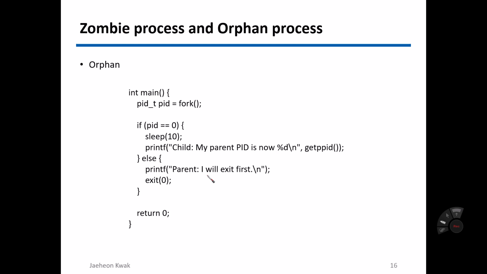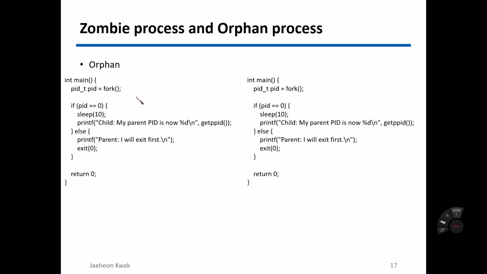And here's an example C code for the orphan process. Likewise, we will create the child process by a fork function, and the child process will sleep for 10 seconds, and the parent process will immediately terminate.